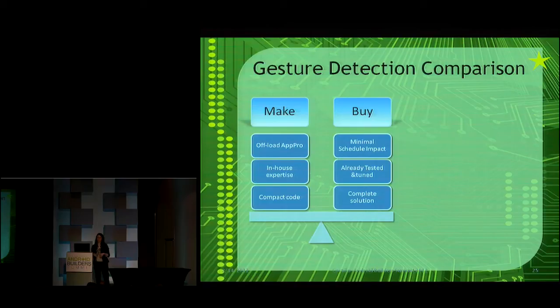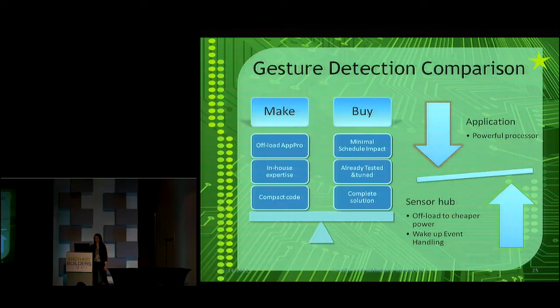If you buy it, minimal schedule impact, it's already tested and tuned, and it's probably a pretty complete solution. Where should you place your gesture recognition? Application processor, it's very powerful. Most of the work's already done. It's reference supported. Your sensor hub, it's very cheap power, very cheap processing power, and you'll be able to handle wake-up events.